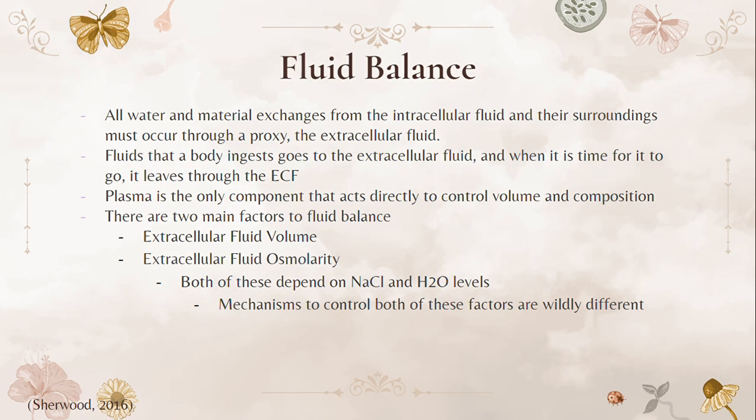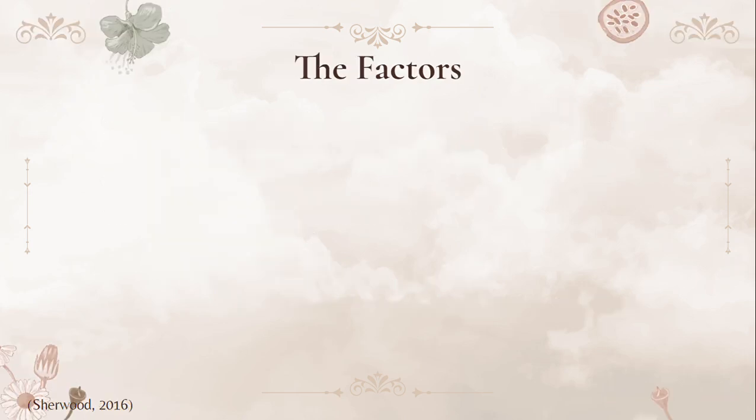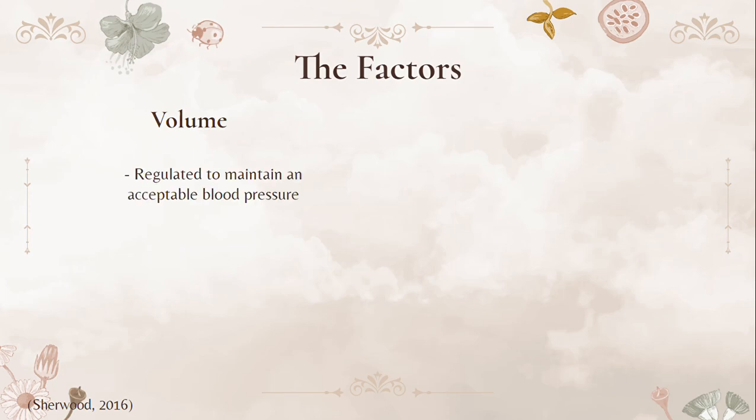The mechanisms that we use to control these factors are vastly different. To control extracellular fluid volume, we regulate it to maintain an acceptable blood pressure. We don't want our blood pressure to be too high or too low, so we need to keep it within an acceptable range.